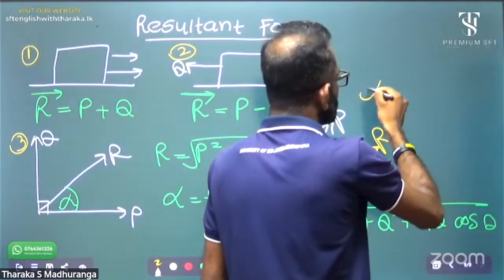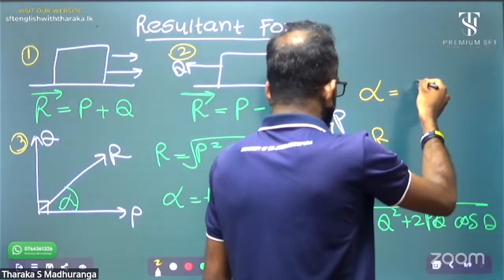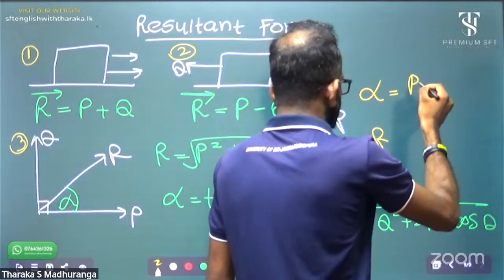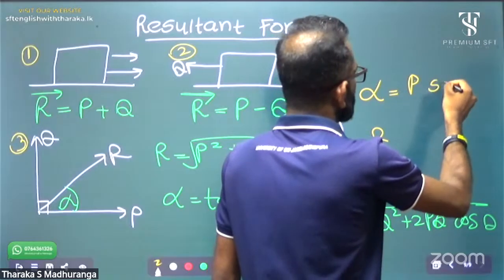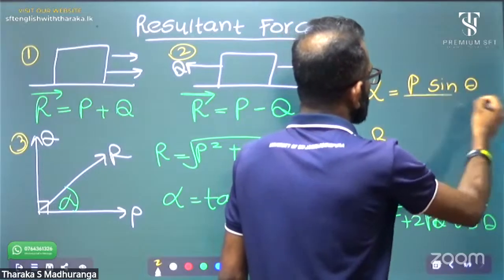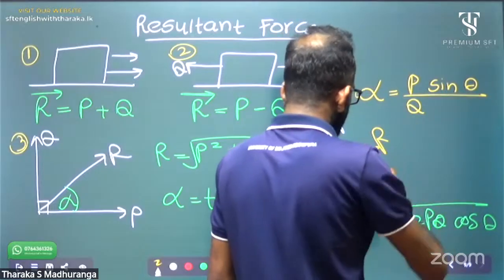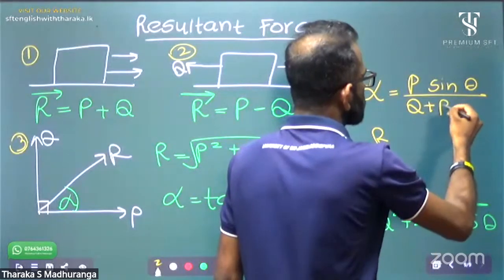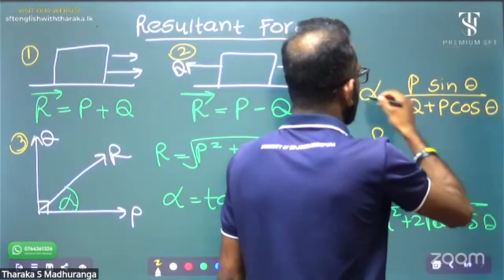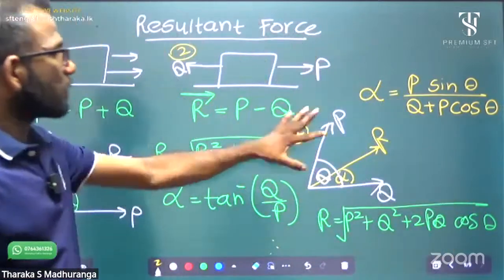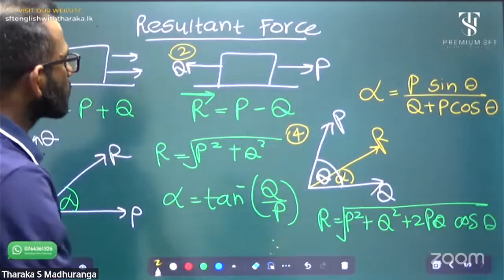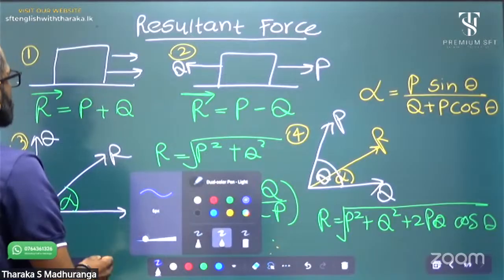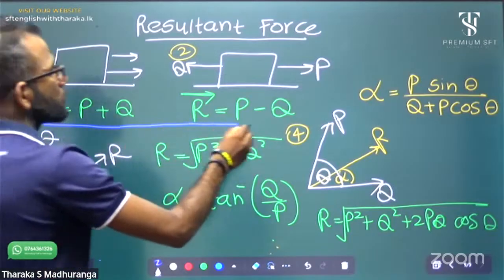Then alpha equals P sine theta over Q plus P cos theta, where Q is always the angle direction force. Okay, that is a summary. If you want, you can take a screenshot or write it down.